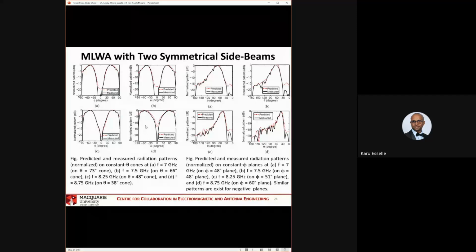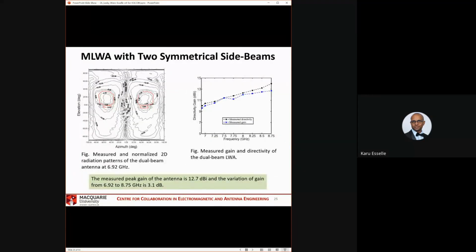So it's a little bit unusual compared to standard constant theta cuts, constant 2D pattern cuts. But that is necessary to understand this strange, unusual nature of these beams.